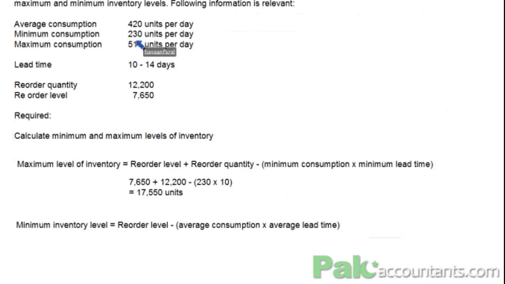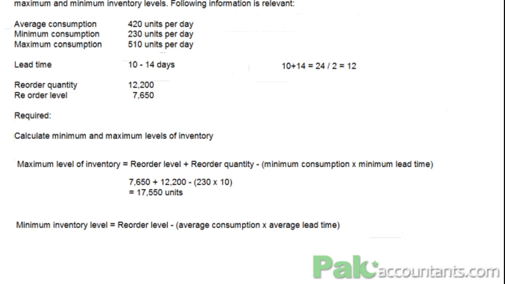What we are going to do is take the average of the range we have been given. So 10 plus 14 gives us 24, divided by 2 gives us 12.